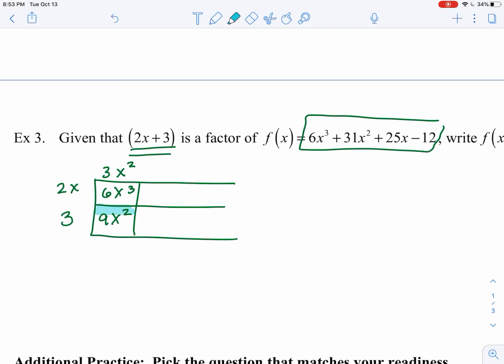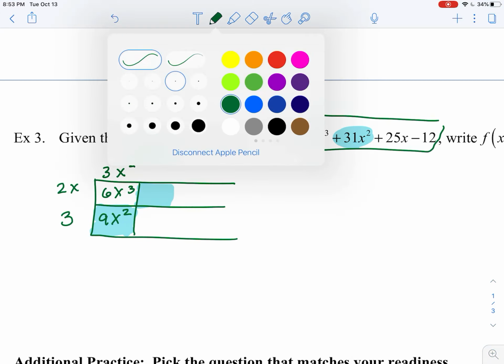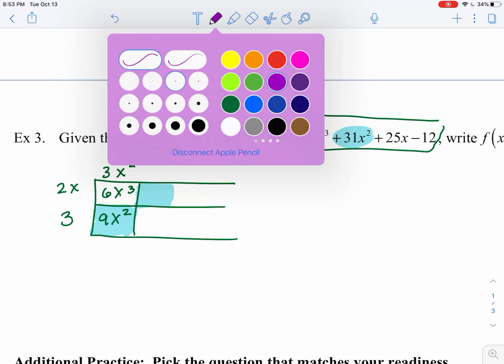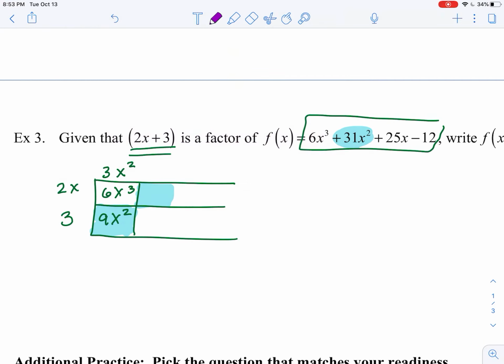Now, we know that this 9x squared is going to combine with whatever's in this spot to give us the x squared term here. So we might ask ourselves, well, what has to be there? 9x squared plus something has to give me that 31x squared, so that has to be 22x squared, right?